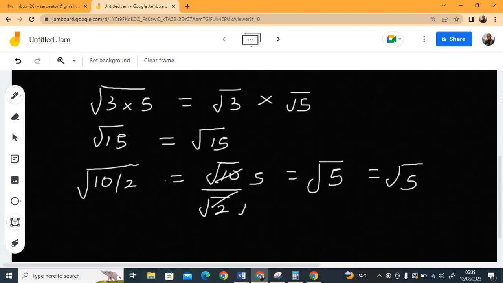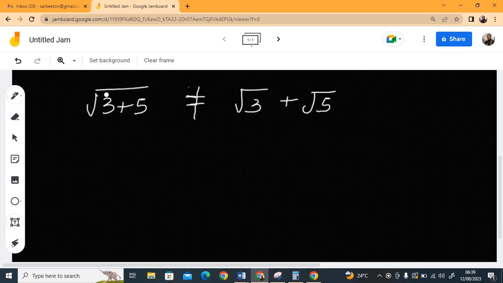If plus is attached between them, say root of 3 plus 5, it is not the same thing as root 3 plus root 5. Root 3 plus root 5 have different numbers in the root, so you cannot add them, and they can't be the same thing.